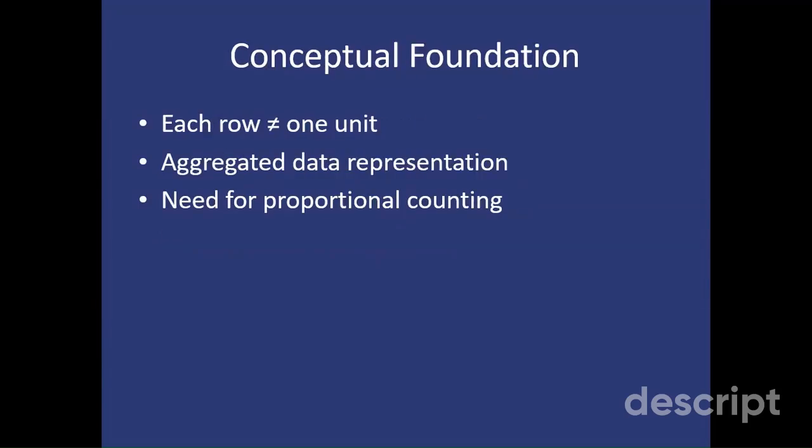Let me begin with a very simple question. Do all observations represent a single individual? In many datasets, especially summarized or grouped data, one row represents multiple individuals. Therefore, we need a way to account for this grouping.